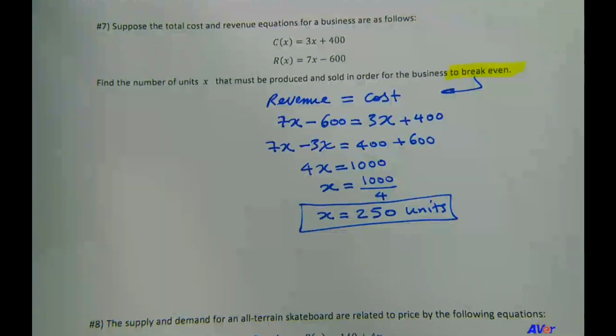What happens? The company starts to make a profit. Because break-even means that it has recuperated all of its cost. Now, after that, any units of this product sold beyond 250 will bring in profit for the company. Okay?